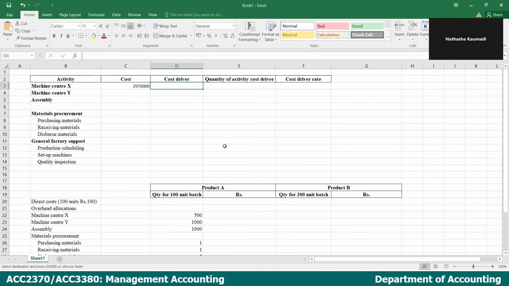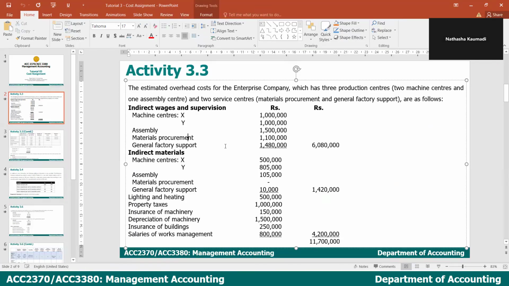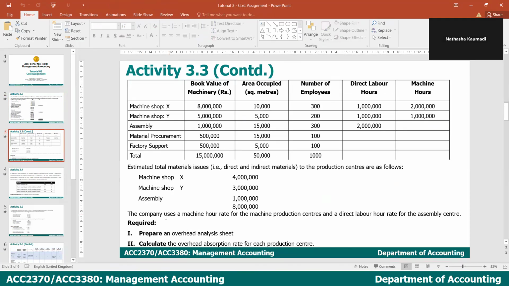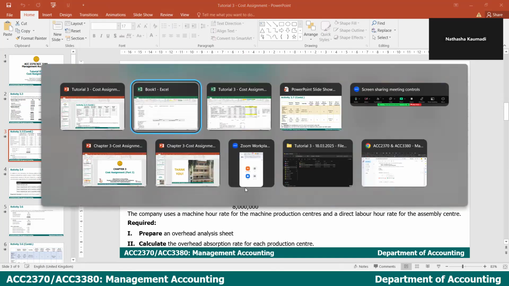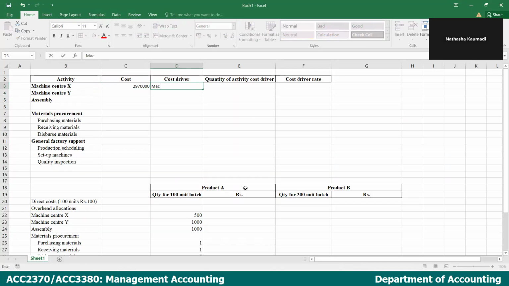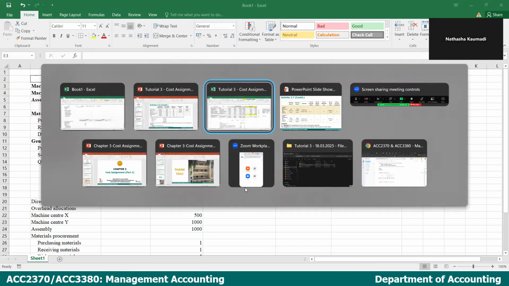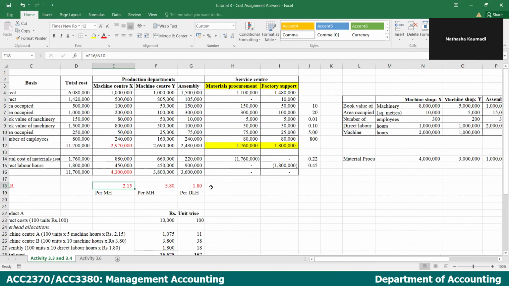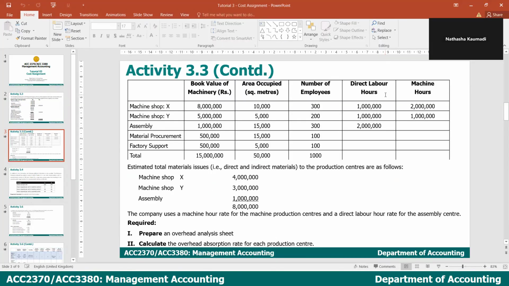And then what is the cost driver of machine center X? If you can remember, the cost driver was machine hours, isn't it? Machine hours for machine centers, direct labor hours for assembly centers. So I'm writing machine hours. And then how many machine hours are there for machine center X? We actually have the table. See, machine center X, machine hours, 2 million.